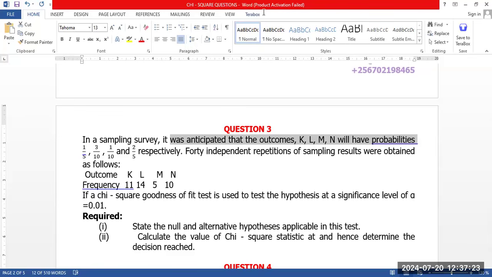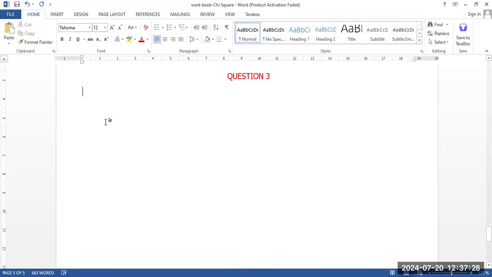So as we formulate our hypothesis, one, the null hypothesis will be your expected probabilities. What do you anticipate as your probabilities?